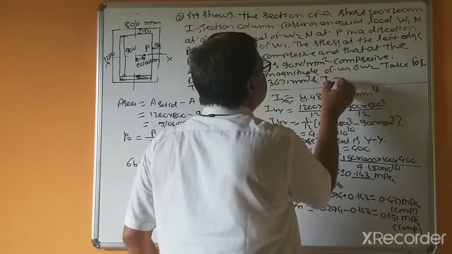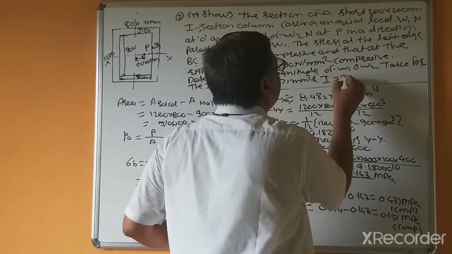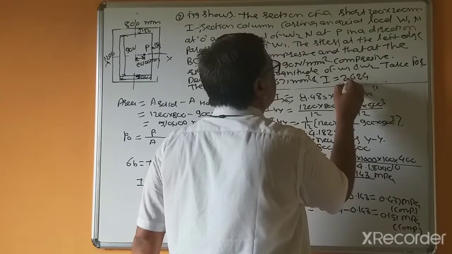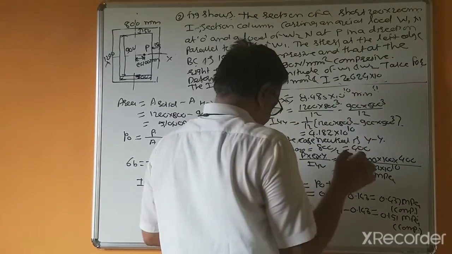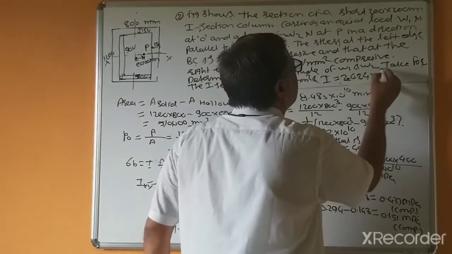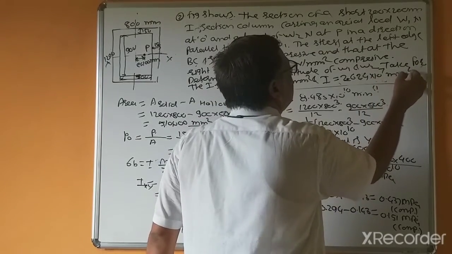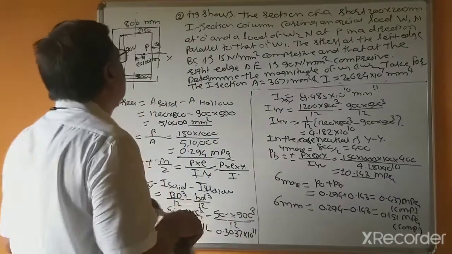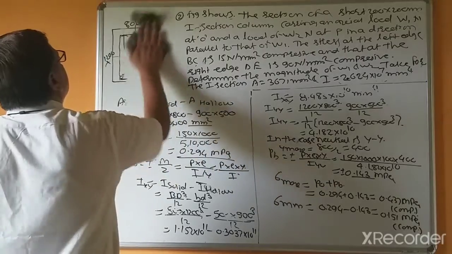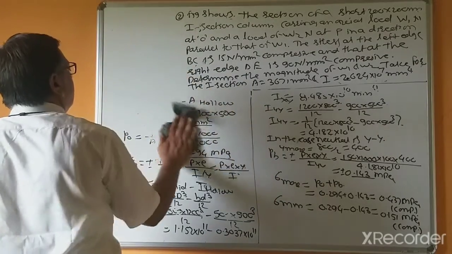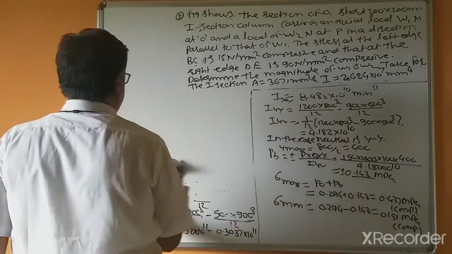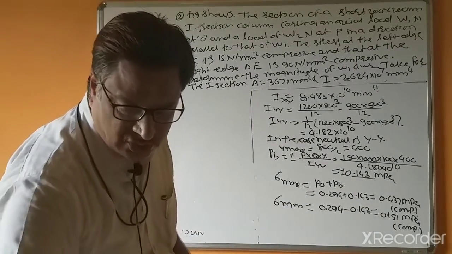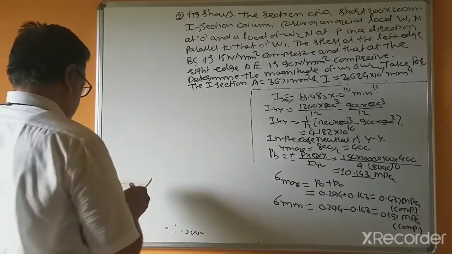I equal to, this is the moment of inertia, 2.624 10 to the power 7 mm raised to 4. The section is given, H section.